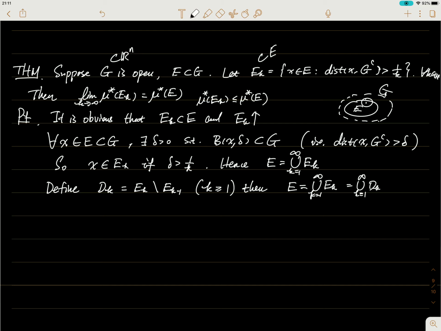So let's say the E_k, I know that this is greater than or equal to any of those E_k's. So let's say I'm looking at E_{2k}.